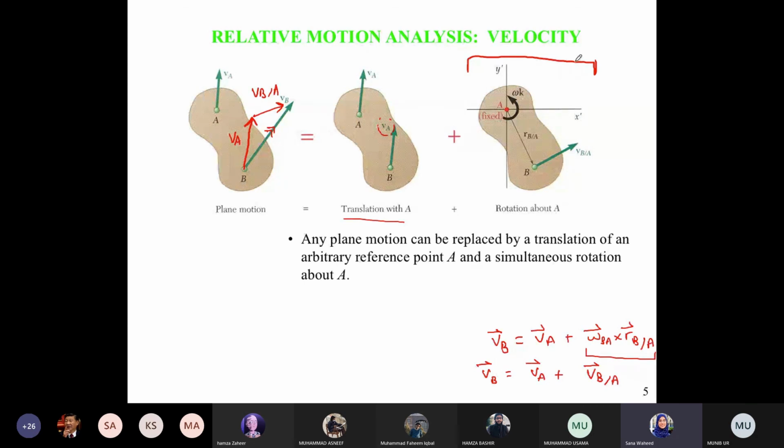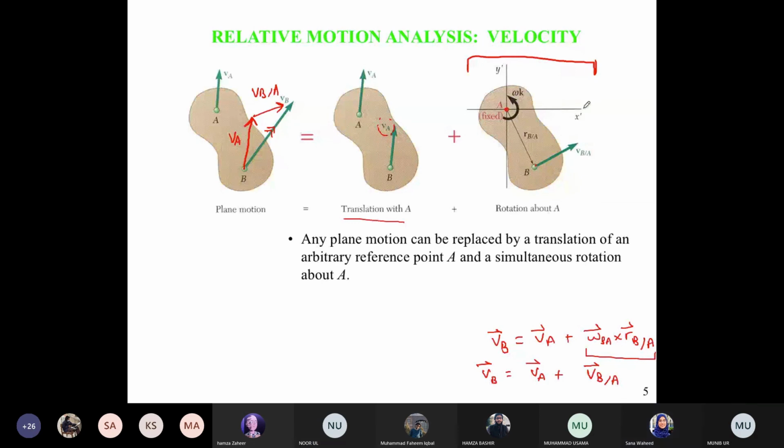First of all, notice कि this VB by A, this is rotation about A. तो जब कोई रोटेशन हो रही होती है तो कोई भी पॉइंट किस किस्म की पाथ फॉलो करता है, तो बी का पाथ विद रिस्पेक्ट टू ए क्या होगा? Circular path, exactly right.